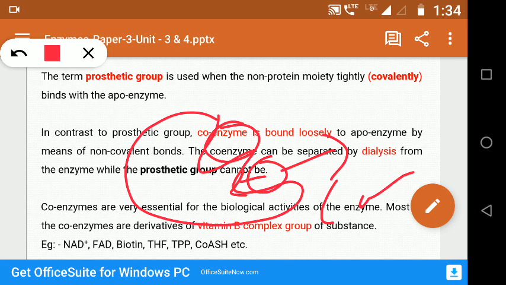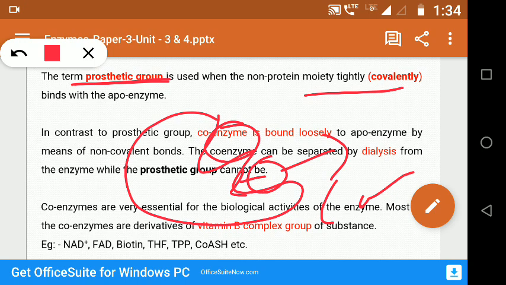Loosely means the interaction between the coenzyme and enzyme is by non-covalent interactions only, a very weak interaction. Sometimes the coenzyme may be bound permanently and tightly to the enzyme. That kind of coenzyme is called a prosthetic group. A prosthetic group is a coenzyme which is tightly bound to the apoenzyme.